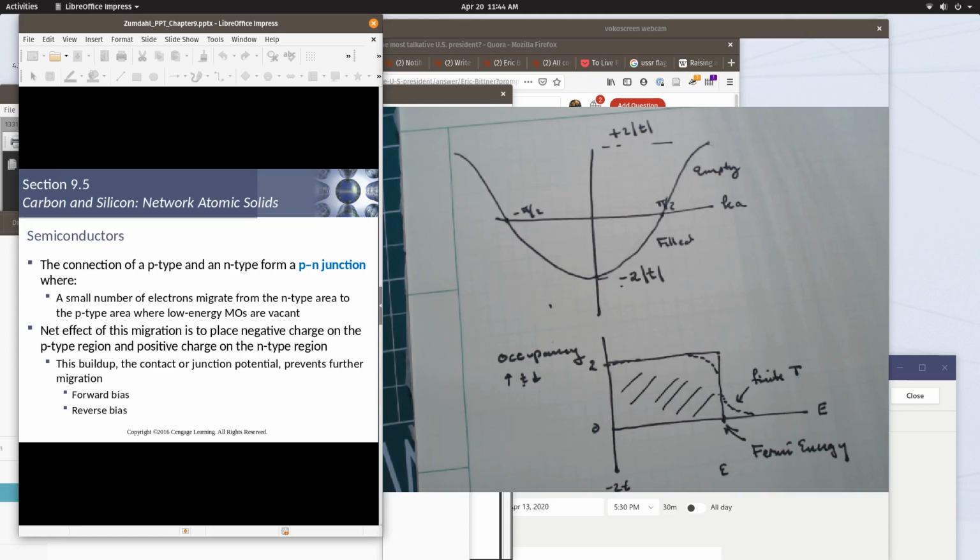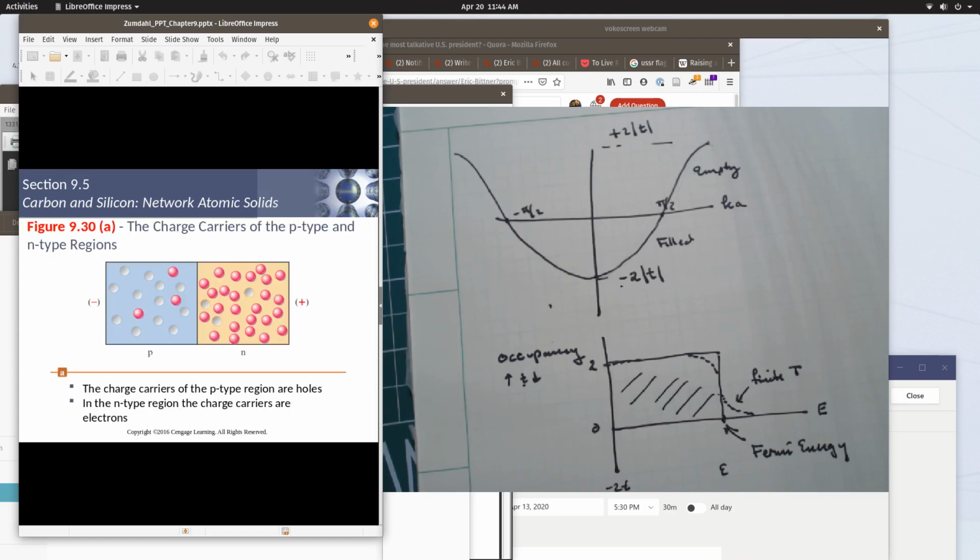I can form what's called a diode, and so current can flow in one direction more easily than the other, and that is called a diode.